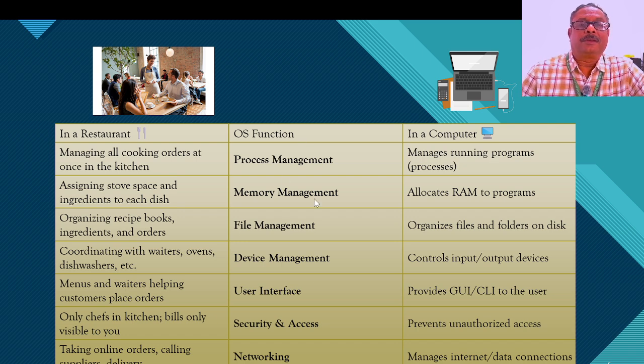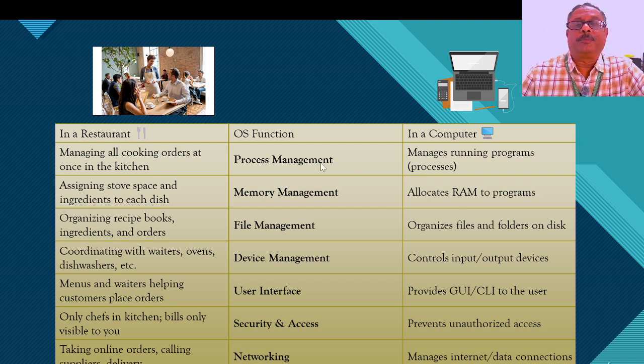The central column is talking about the various operating system functions. The left one talks about the analogies which hold for any restaurant, and the right side column talks about the actual things we are going to study in the coming sessions of this series.